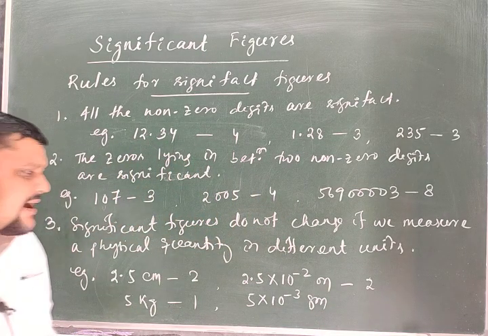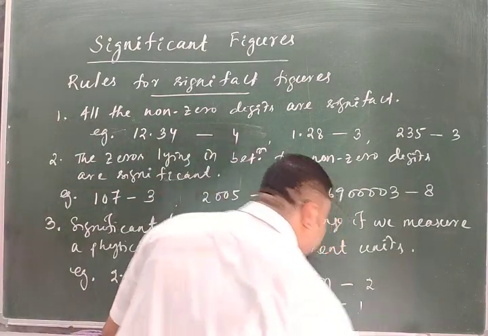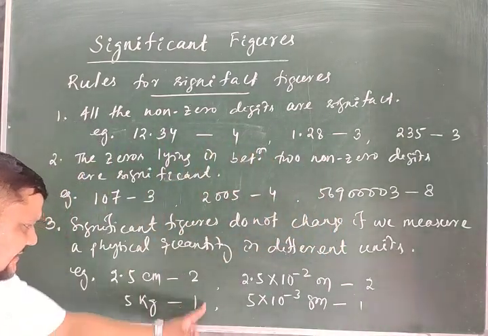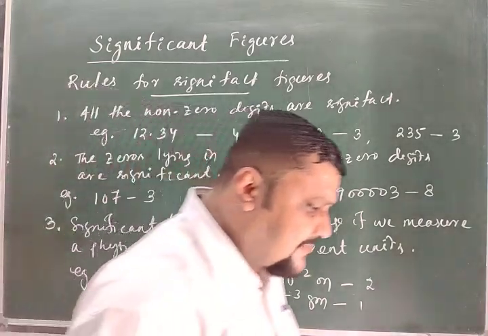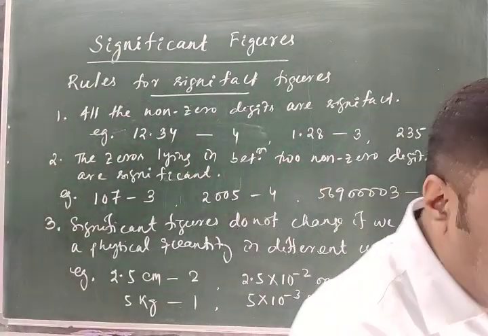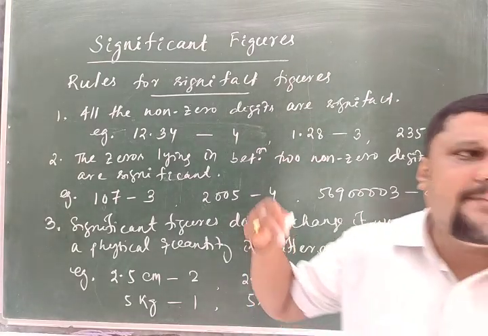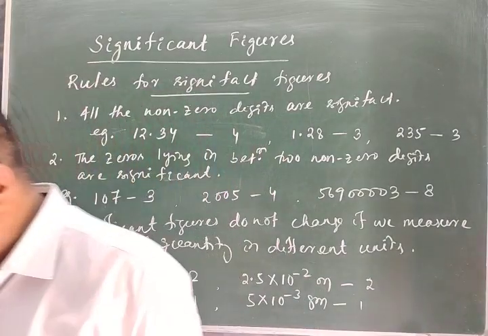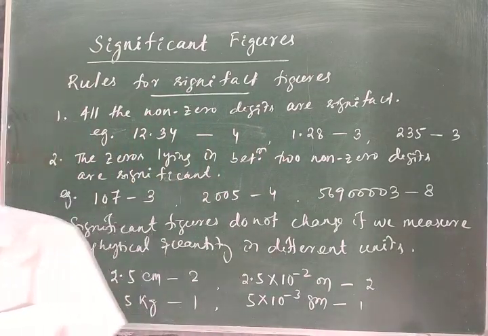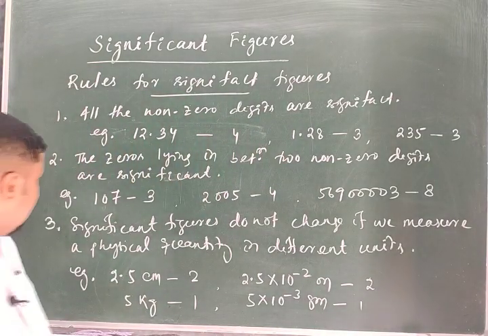What is the significant figure here? The same, 1. It means that while expressing a measurement on the basis of significant figures, the powers of 10 do not change the significant figures. Okay, is that clear? Now we go for the fourth one.